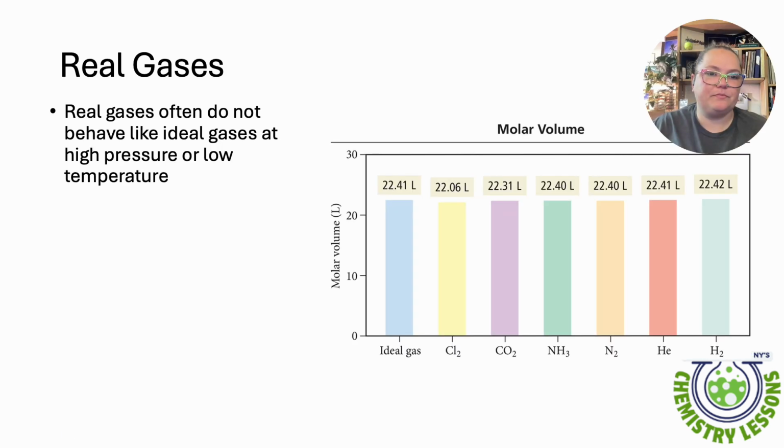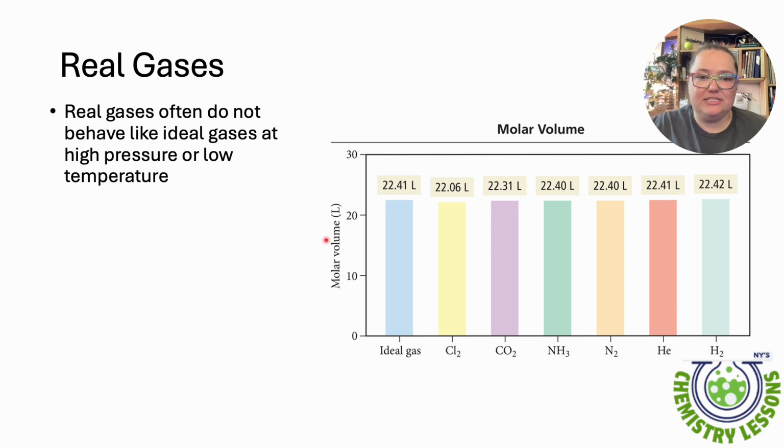All right, so all of this has been about ideal gases, and while we can make a lot of assumptions about real gases and be correct by looking at them as ideal gases, real gases are not ideal. They don't actually behave like this in real life. The two conditions where real gases are most different from ideal gases are at high pressure and low temperature.